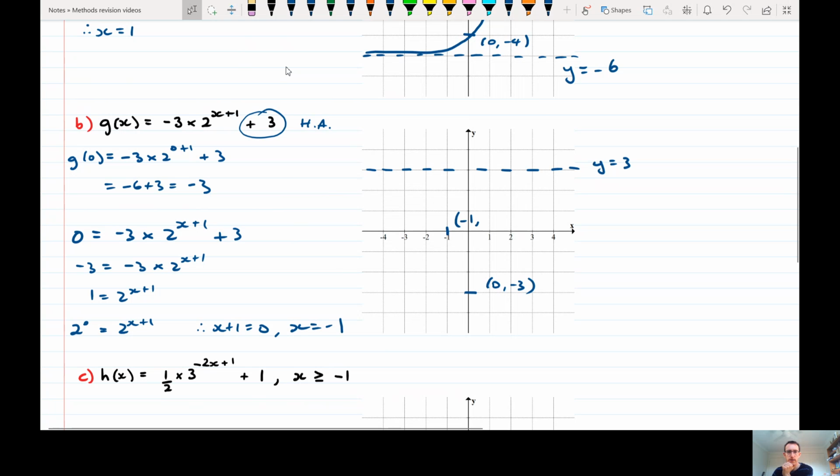So -1, 0. And now we're going to, again, try to be as accurate as we can, and not draw it like that. Drawing graphs on videos is a little bit fraught with danger because they're not as easy to draw as on a whiteboard, but we'll try again.